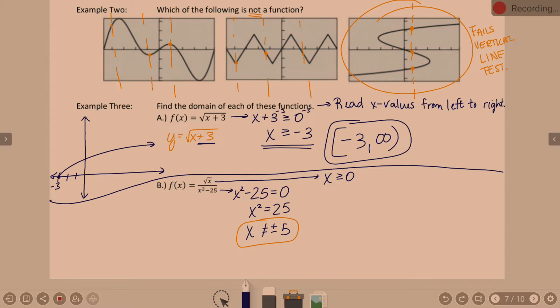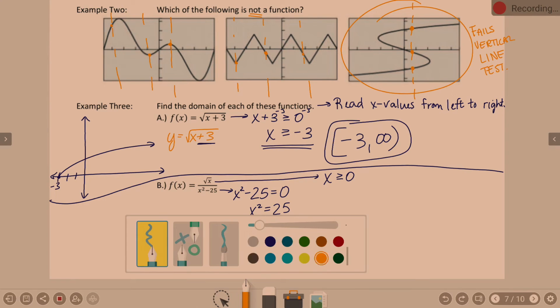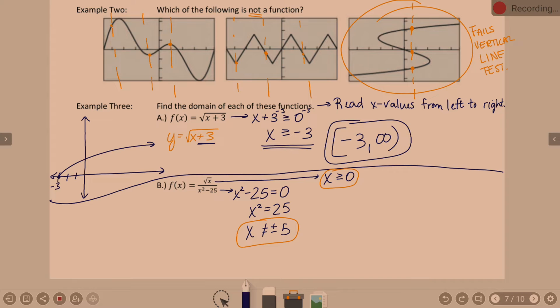Up above we had to solve, didn't we? There's no solving here. x greater than or equal to 0 is just x greater than or equal to 0. So those are the pieces we know by just looking at the equation without graphing.